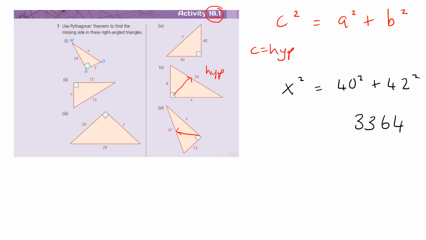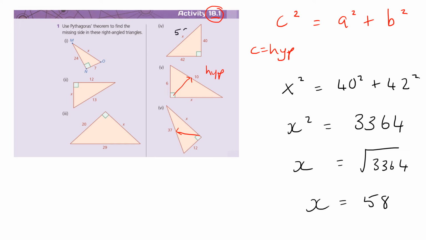And then x squared is equal to 3364. So to find out what x is, you get the square root of 3364, which is 58. So that tells me that this side here is equal to 58.